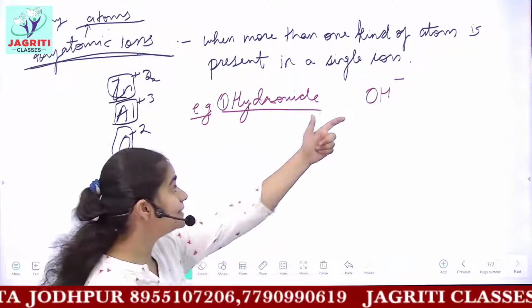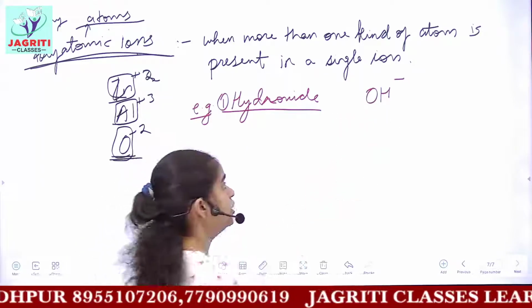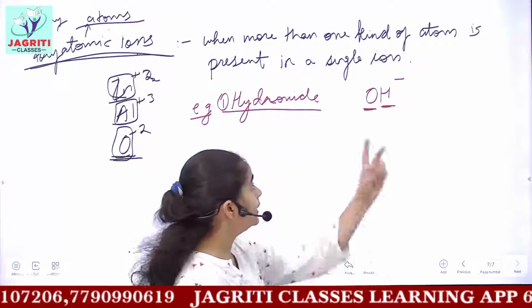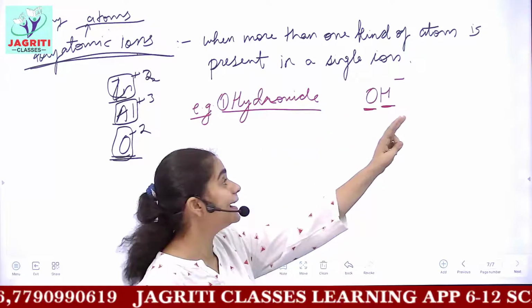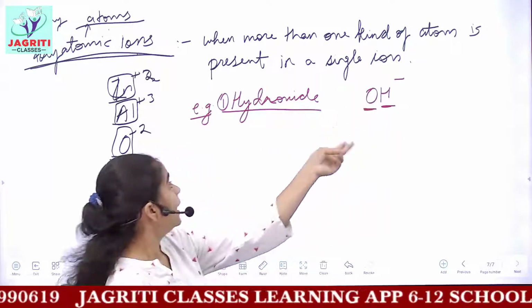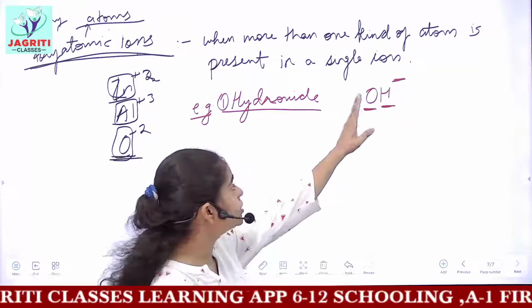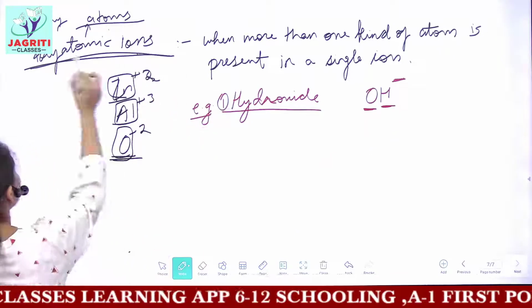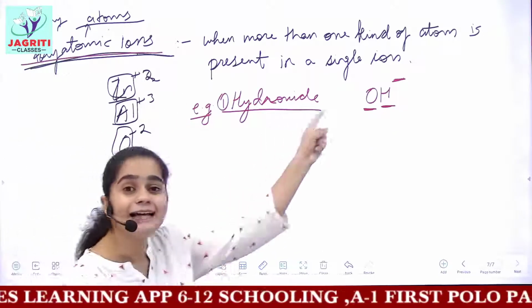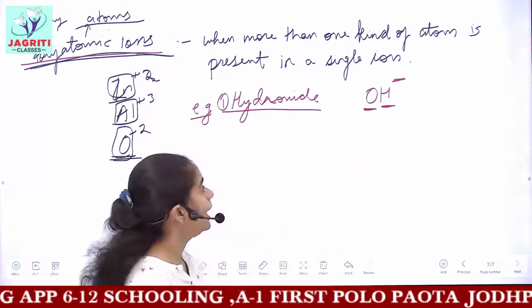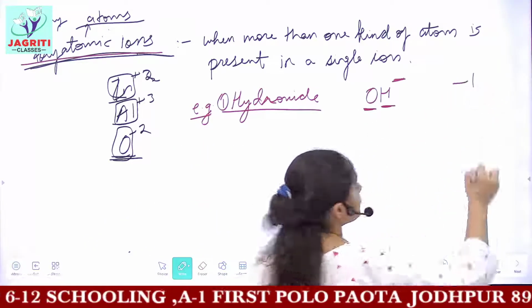See here, in a single ion you have two atoms. You have one oxygen atom and the other hydrogen atom. So this OH minus is a kind of polyatomic ion because in a single ion two atoms are present, oxygen and hydrogen, and its charge is -1.